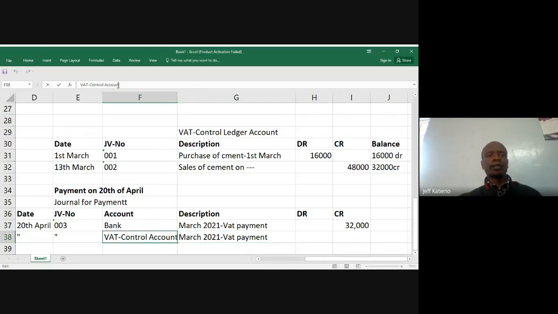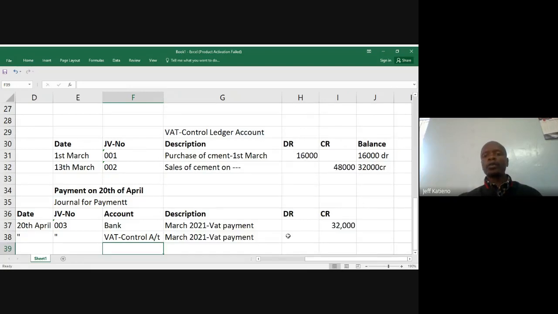Let me shorten this. This one now you will debit 32,000. When you debit it, it means you are clearing this balance because it is a credit.